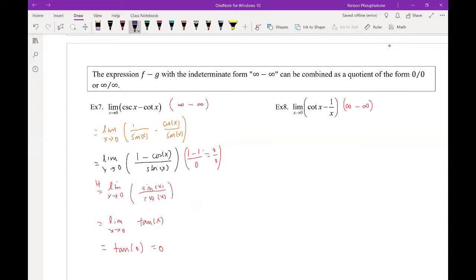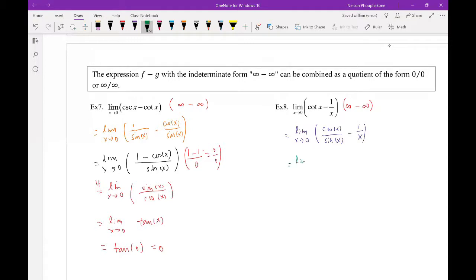So what we need to do is, again, combine this. So cotangent is actually cosine of x over sine of x, minus 1 over x.